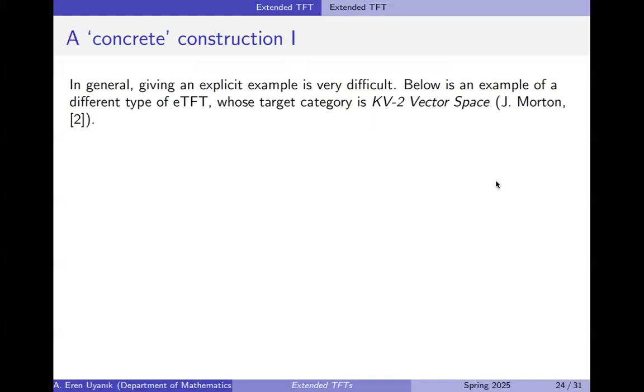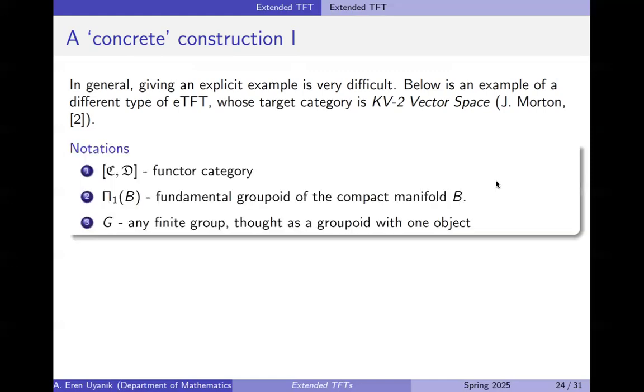I couldn't find many examples that I can understand. So I changed the target category and I used the definition of Morton. This time, the target category is not the K-algebra bicategory, but the Kapranov-Voevodsky 2-vector spaces, which is an extension of the vector space category in another way. Don't ask me how it is done.